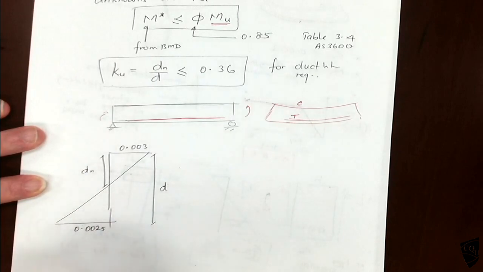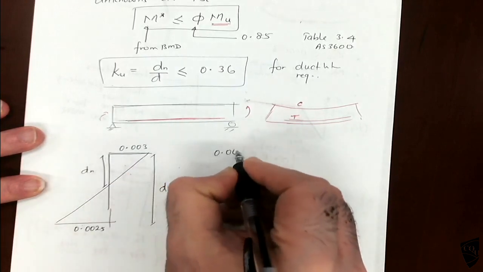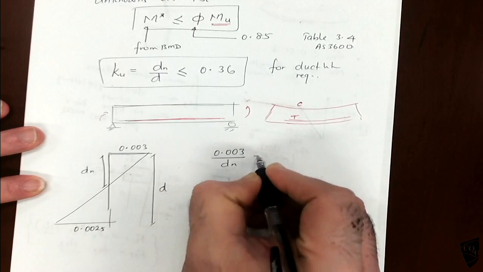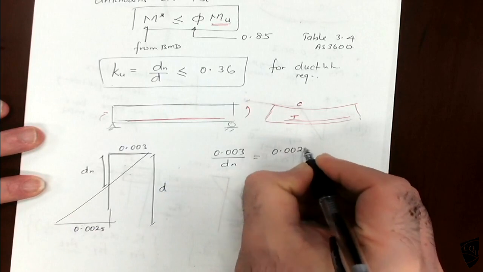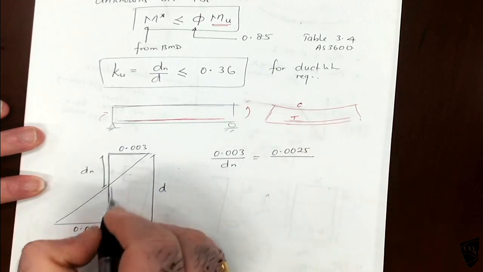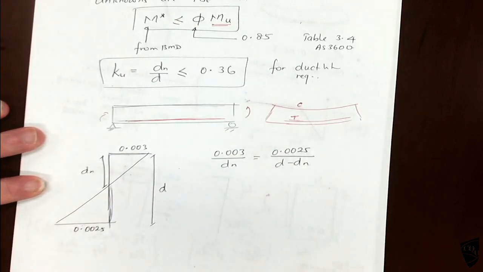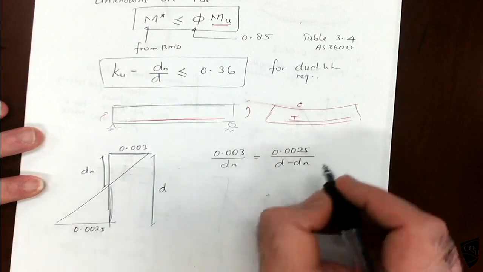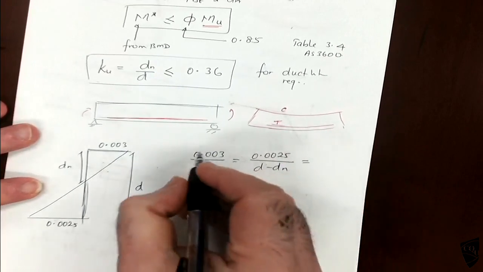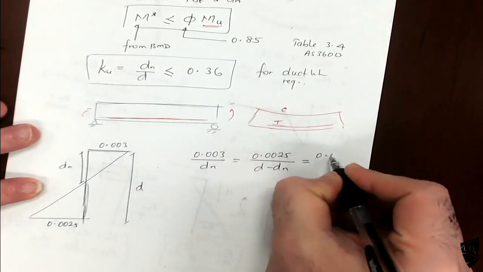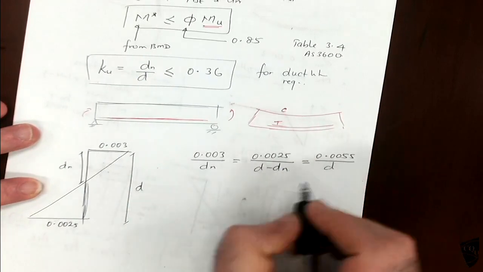So if you calculate dn using similar triangles, 0.003 upon dn is equal to 0.0025 upon d minus dn. How to solve this? You can cross multiply, otherwise you can add the top and bottom. 0.0055 divided by, if you add the bottom, it is d.